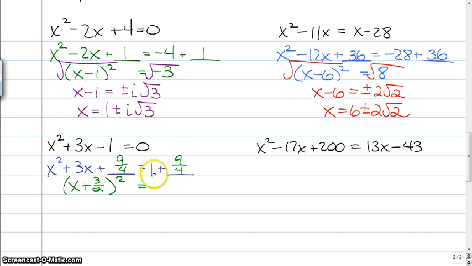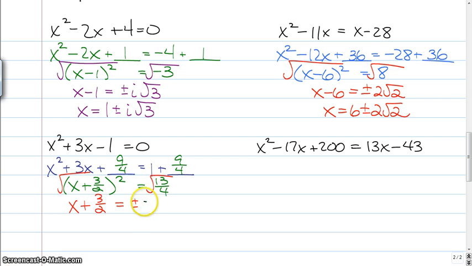Now what you're going to need to do is add 1 to 9/4, and you're going to end up with 13/4. Still fine. Take the square root of both sides, and you have x plus 3/2 is equal to the square root of 13, which cannot be simplified, but the square root of 4 is 2.